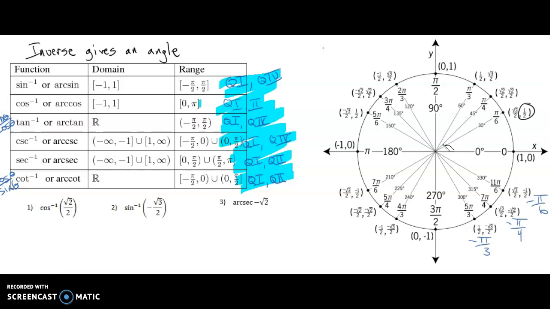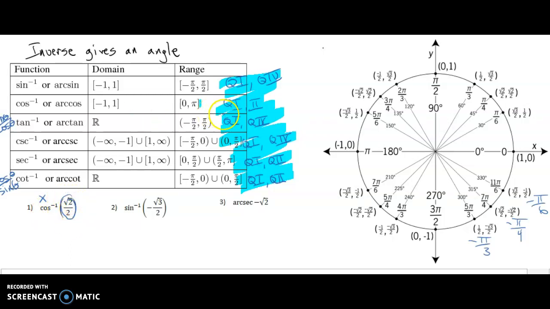Okay, let's look at a few examples here for some practice. So cosine inverse of square root of 2 over 2. What we know about cosine is the x value on the unit circle. And so we're looking for an x value that is square root of 2 over 2.